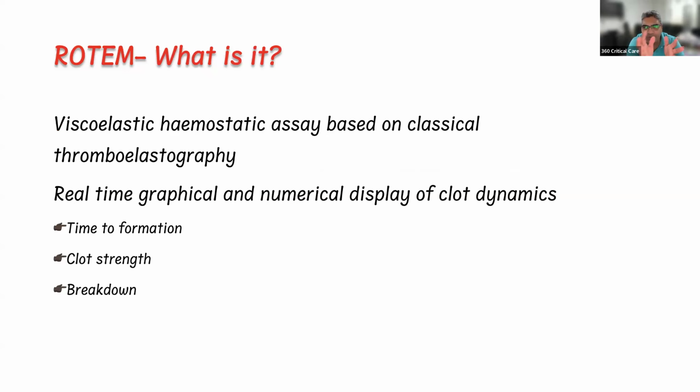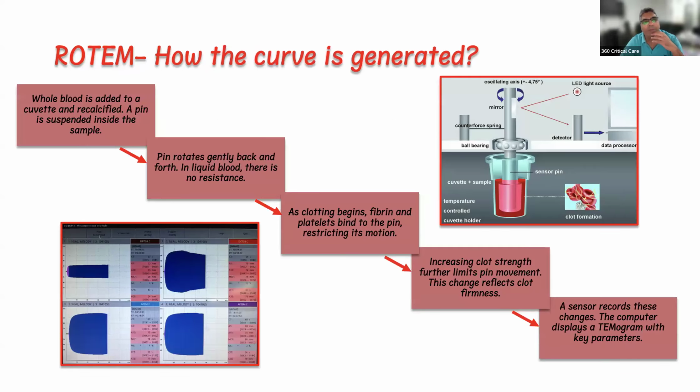It gives you an idea about the clot, that is the time of formation of the clot, the strength of the clot, and how it gets broken down. So it's not only about one phase of the coagulation, it is a holistic representation of the coagulation at different phases at different times.